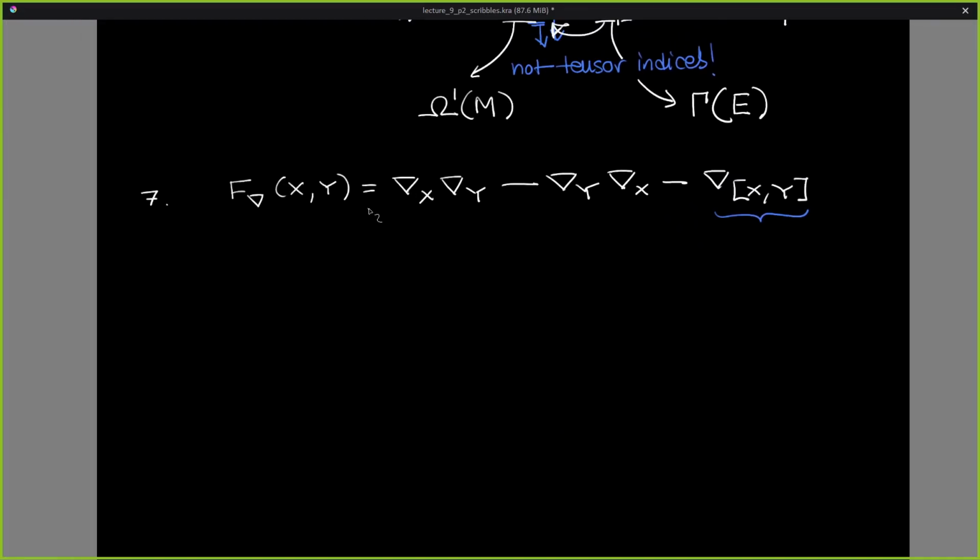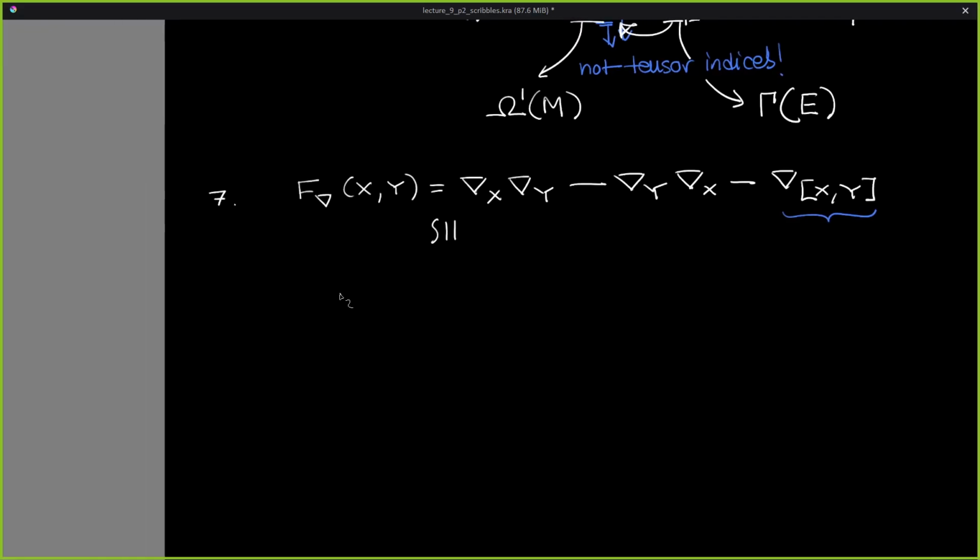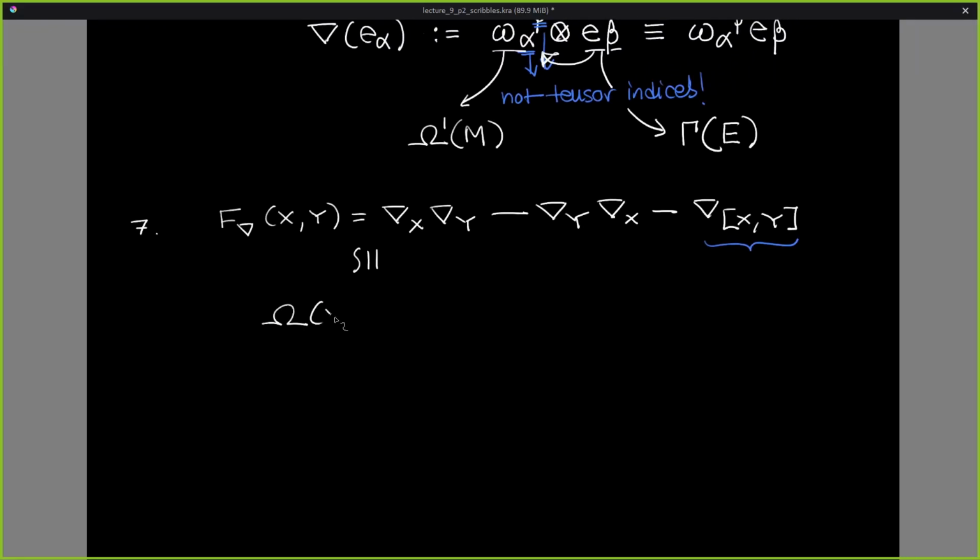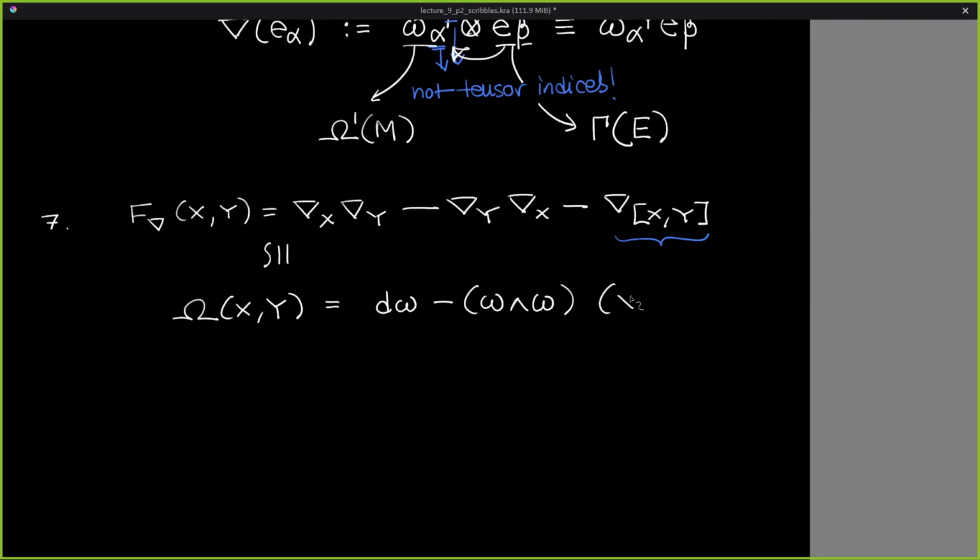And then we show that this is equivalent to this curvature 2 form omega. Omega of xy is equal to d omega minus omega wedge omega of xy.